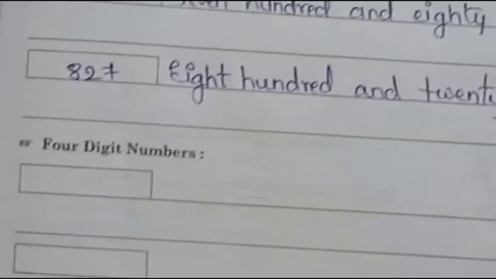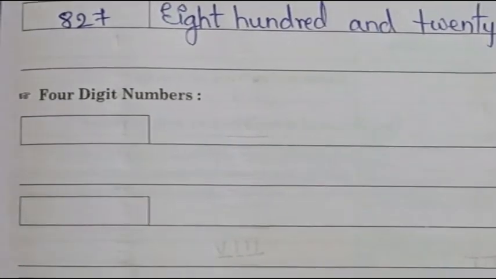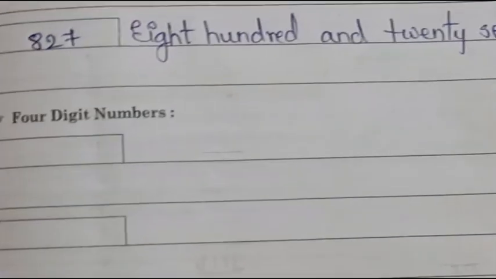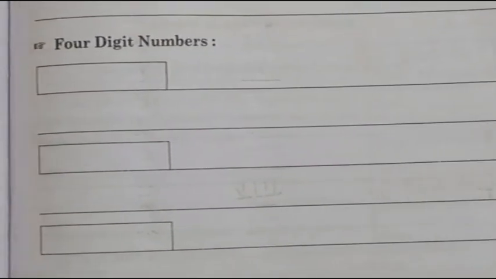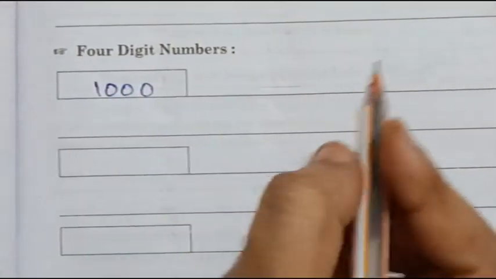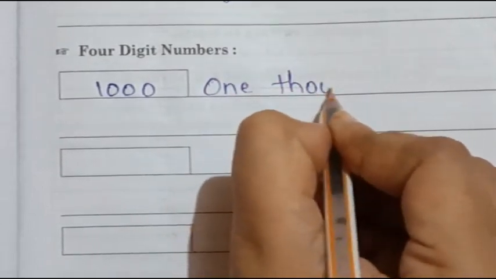Now next we are going to write, those are 4-digit numbers. How many digit numbers? 4-digit numbers. So now how I am writing it? Pay attention. 4-digit number, suppose first number is 1000. So I'll write it here 1000.